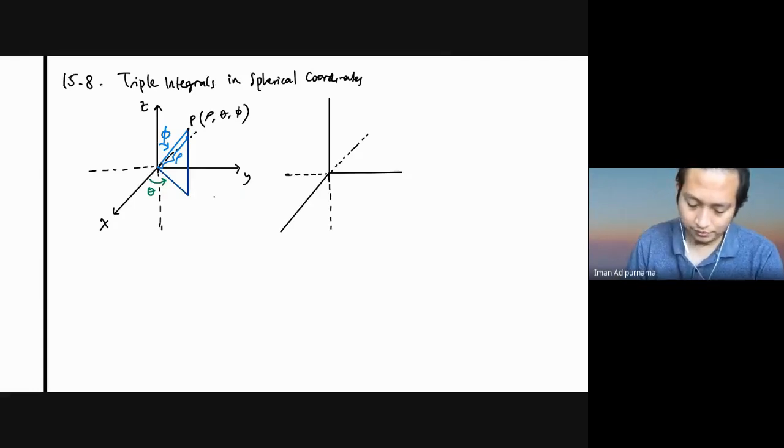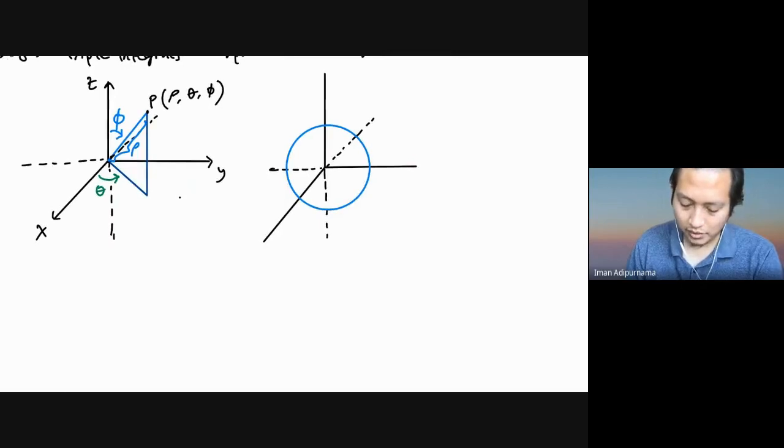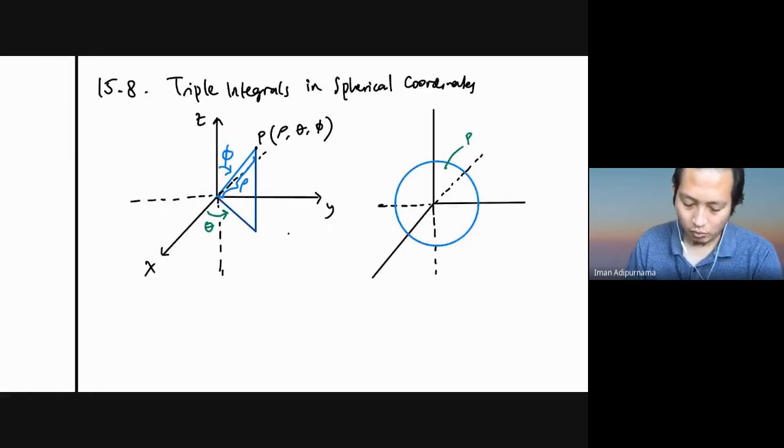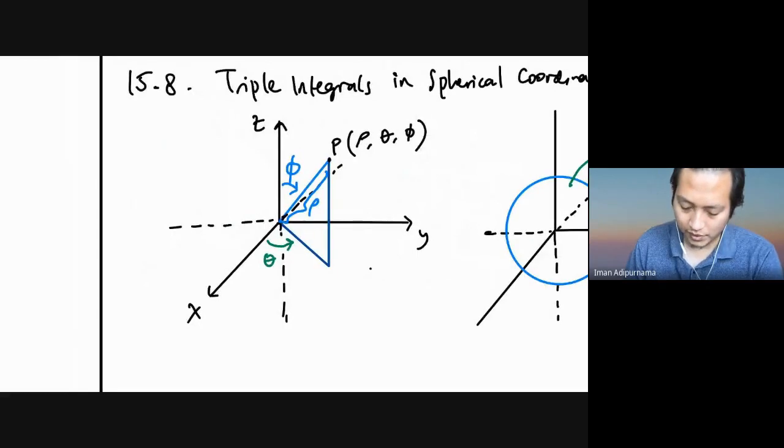Okay, so let's say you have a sphere. Imagine in this sphere, you can put any point you want. Maybe up here, this point P. Actually, this point P here is the same P here.